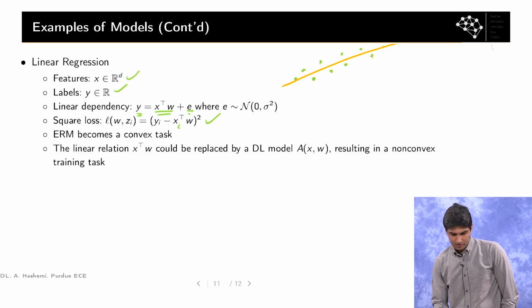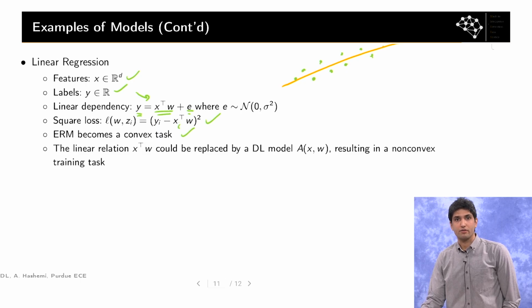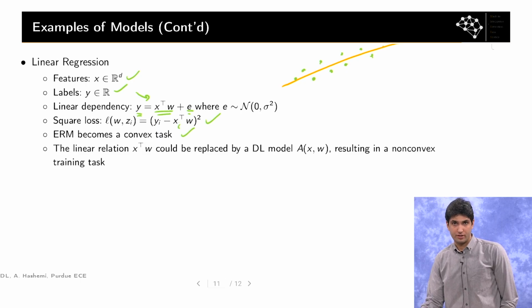Now the nice thing about this problem is that, again, if we use a linear model and if we use the square loss, the empirical risk minimization problem is going to become a convex task, which basically means that we should be able to solve it very, very efficiently.